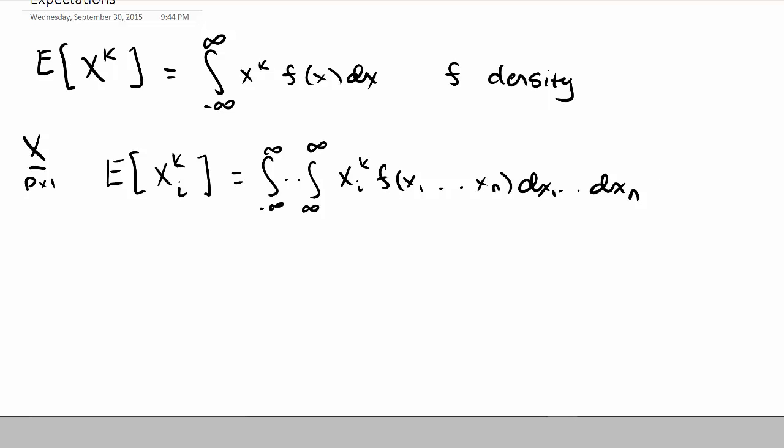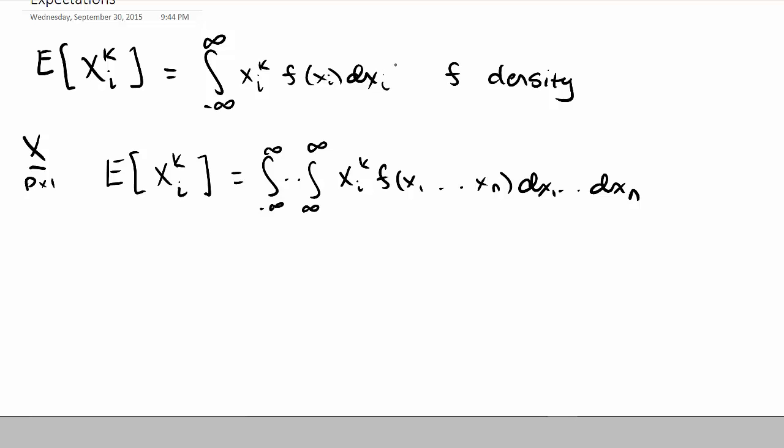It's worth asking if this definition is consistent with the prior definition if we only knew, for example, the marginal distribution of xi. So we have two definitions here. Let's suppose xi is the ith component of the vector x, and let's suppose we knew its marginal distribution.